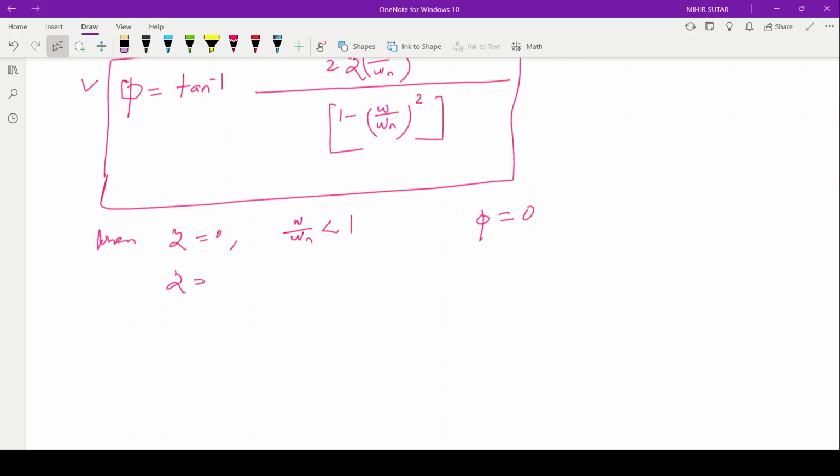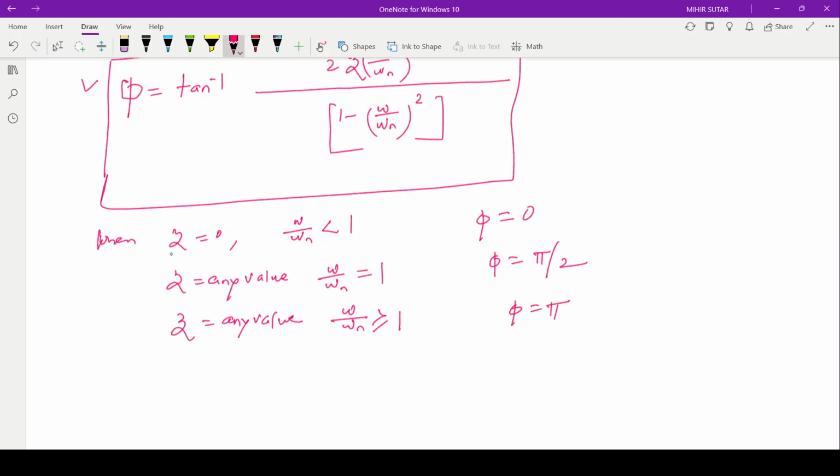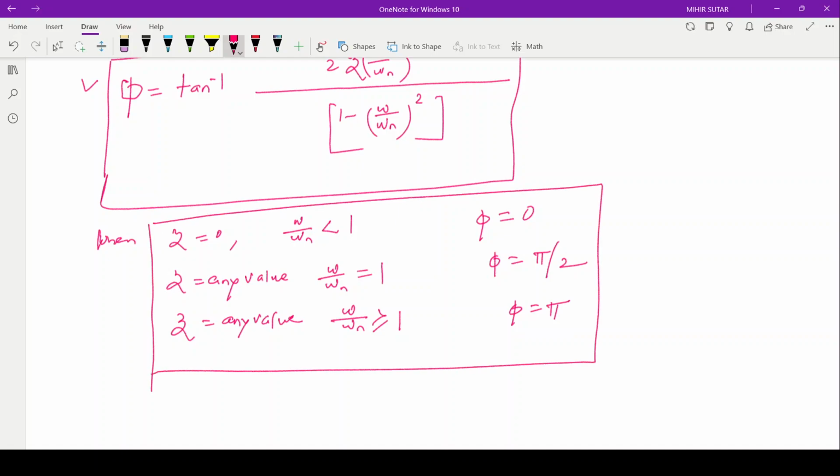For zeta any value and omega by omega n equal to 1, phi will be pi by 2. For zeta any value and omega by omega n greater than or equal to 1, phi will be pi. So you remember this condition.